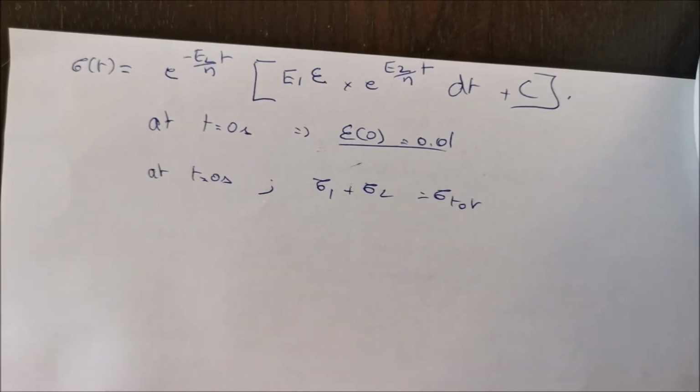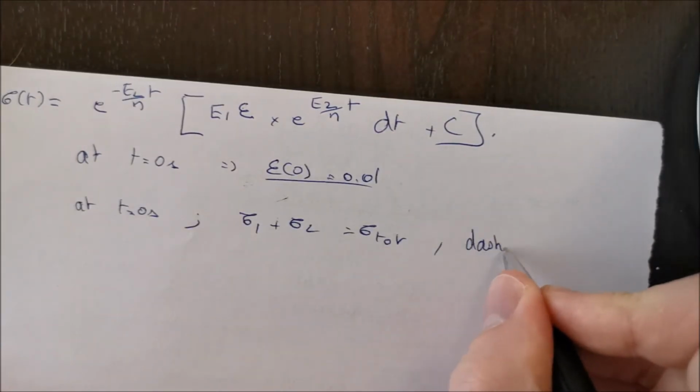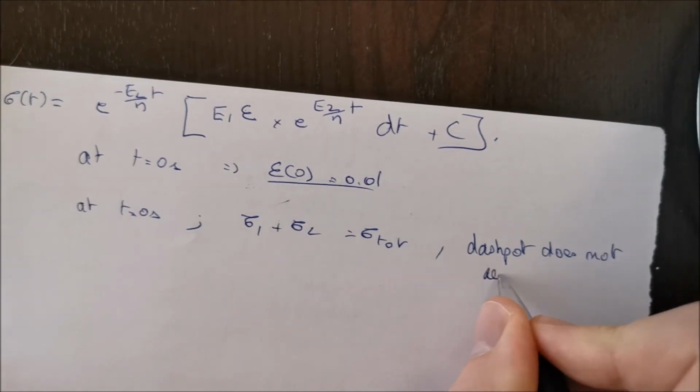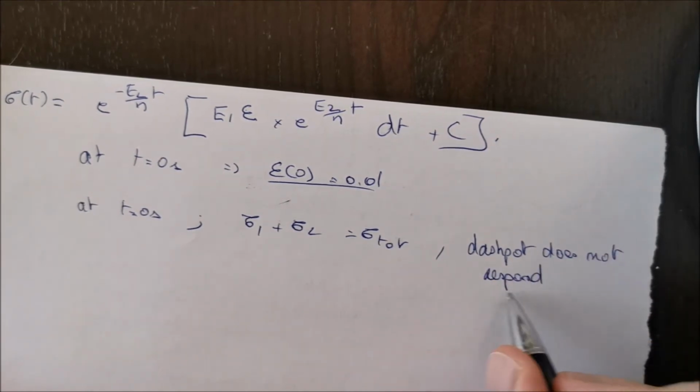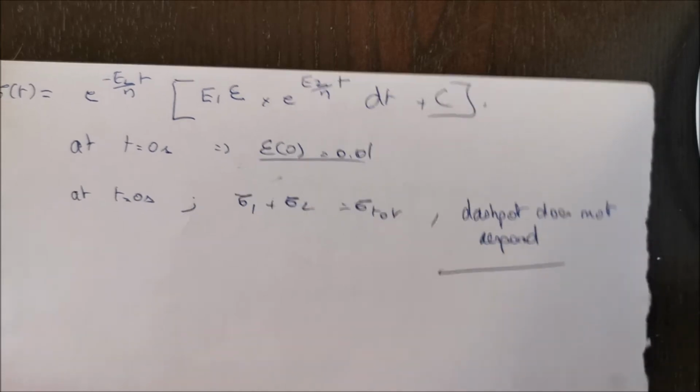So what we know as well is that at t equals 0, the dashpot does not respond, right? Since the dashpot is a function of time, if you are looking at the instantaneous response at t equals 0, the dashpot component is eliminated.